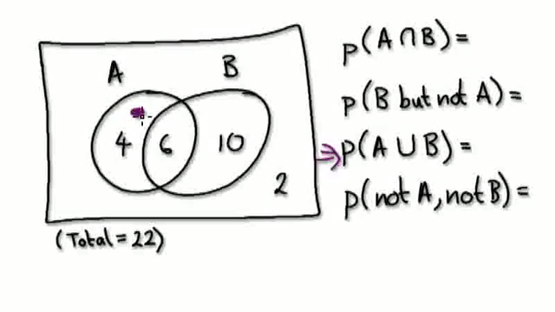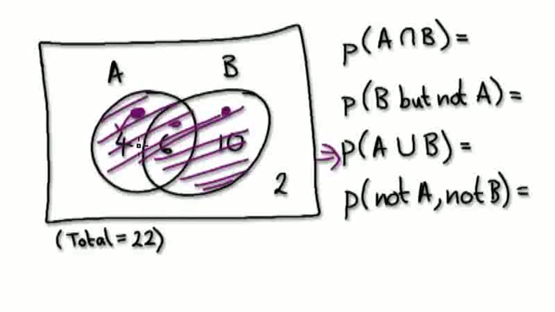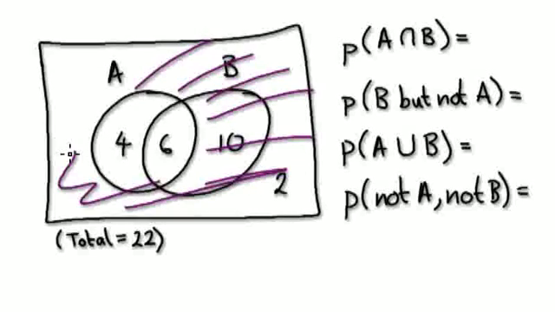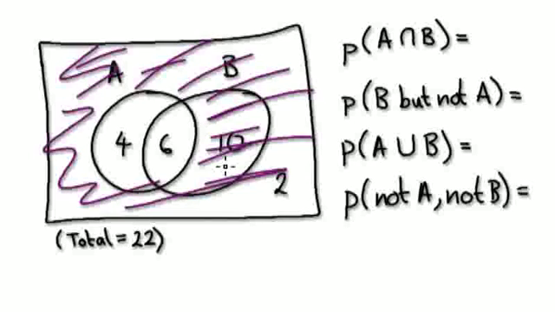Next one, A or B. If you're from this population here, it's a good outcome because it's A. This is a good outcome because it's A or B. So A or B would be all these here, the union of the two. It's 4 plus 6, that's 10, plus another 10, so that will be 20 over 22. Now not A, anything outside of the A circle.